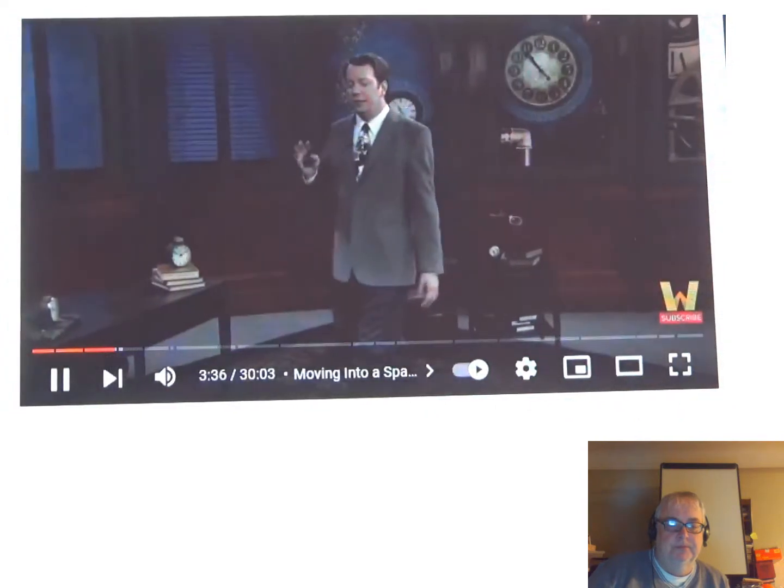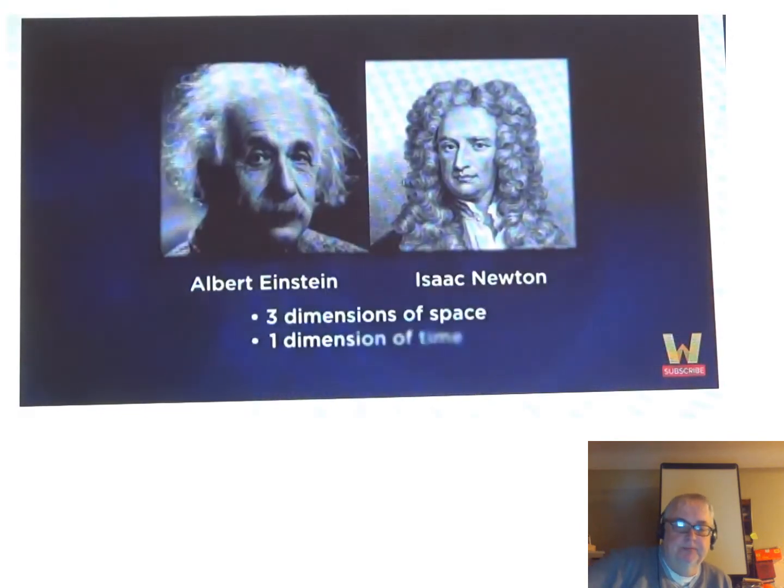The real difference here is the difference between the Newtonian view of the universe and the Einsteinian view of the universe. They both have a 4-dimensional space-time. In both Newton and Einstein, you need 3 dimensions of space, 1 dimension of time. The difference is that they divide space-time up into space and time in very, very different ways.